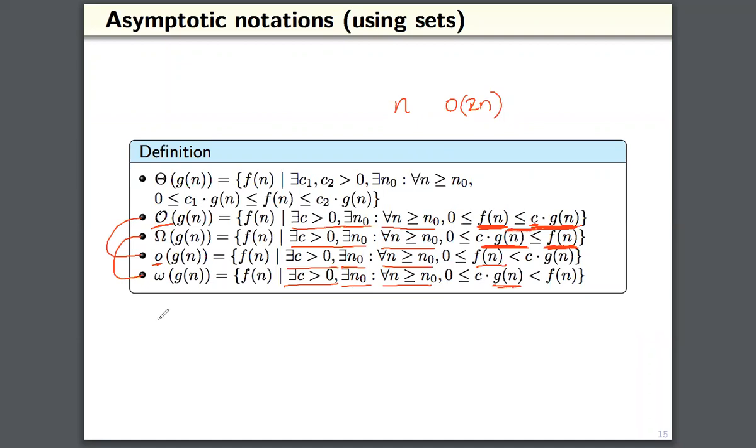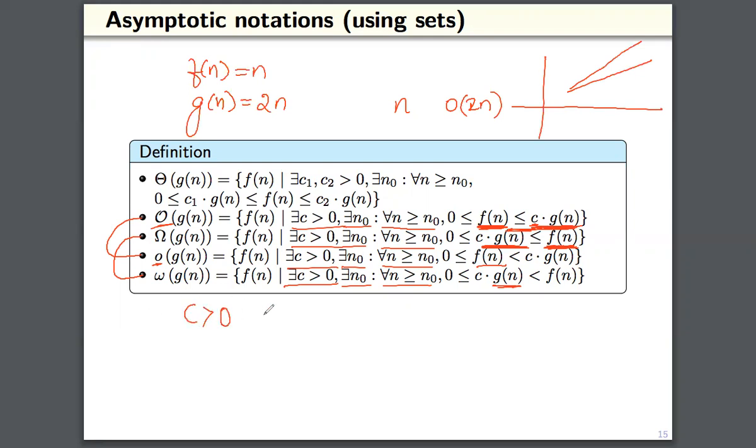Okay, so let's apply the definition. You're saying f of n is equal to n, g of n is equal to 2n, right? Yeah, right. Okay. And there exists n naught. Let's also define this. f of n, f of 2n, c times, okay, there exists c greater than 0.